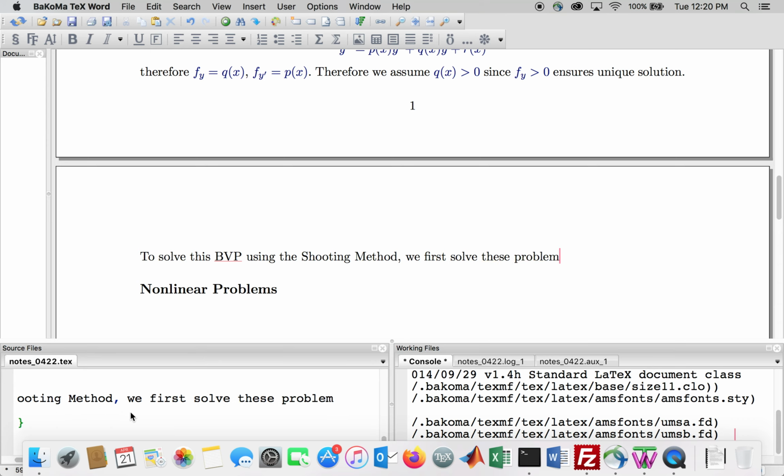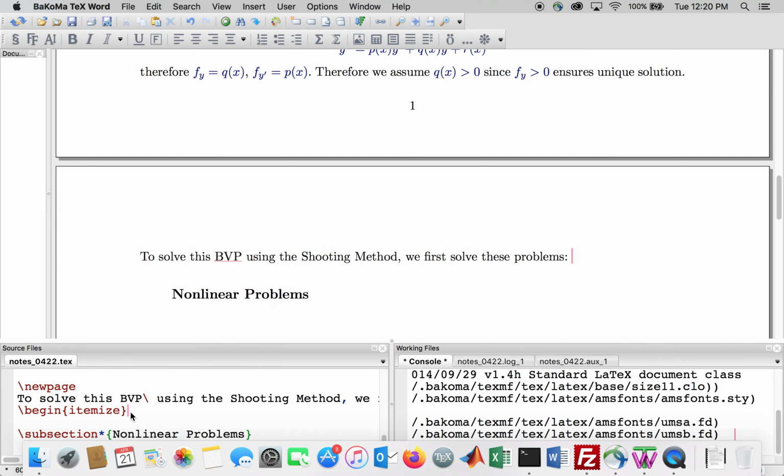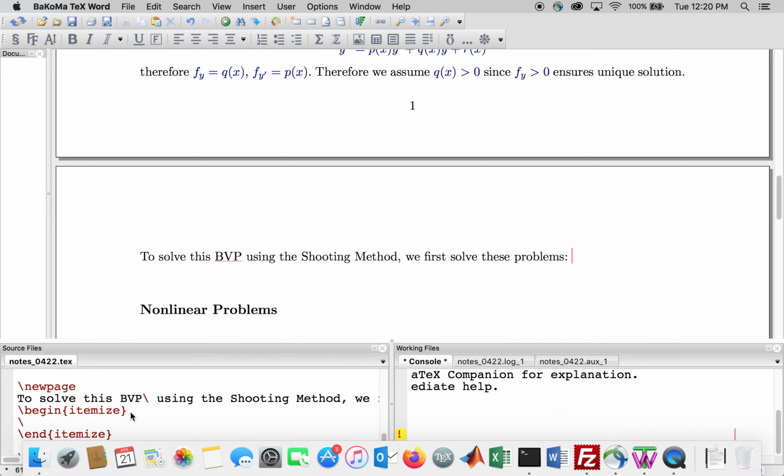So we break it down into two other linear boundary value problems. I'm going to call the solutions of these y1 and y2.